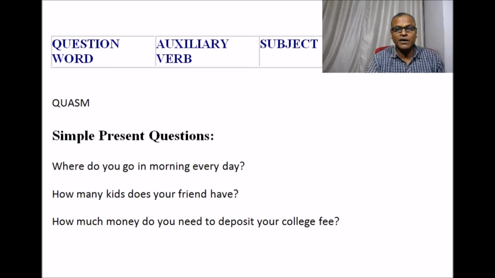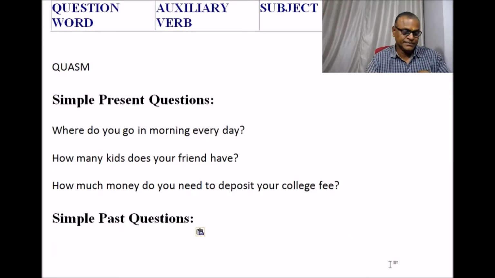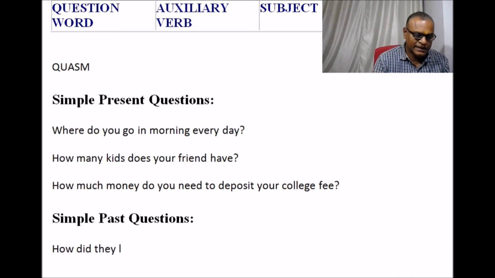Now you can talk about past. So in past tense we use did. So like how, then we need an auxiliary verb.